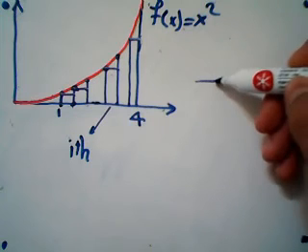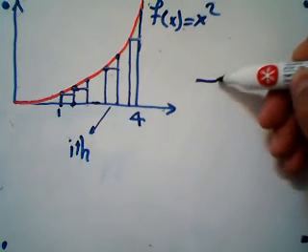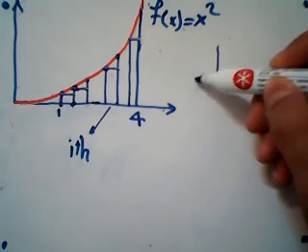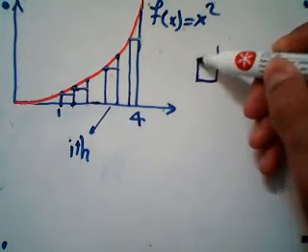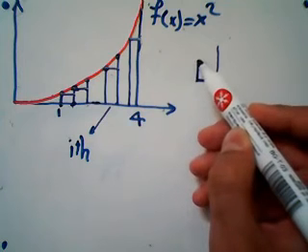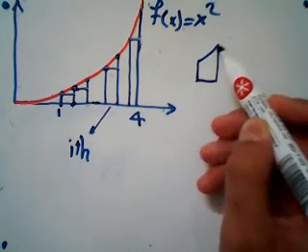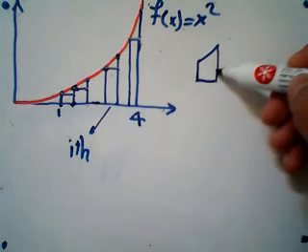So this is the second subinterval, and these are vertical lines, and this is part of the parabola above it.